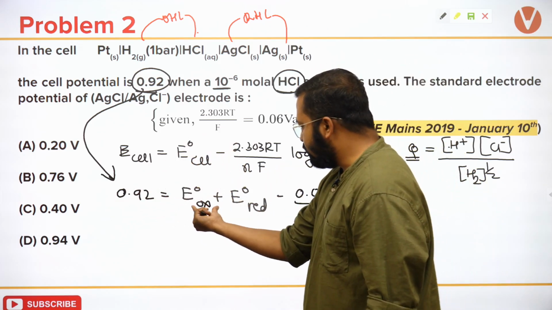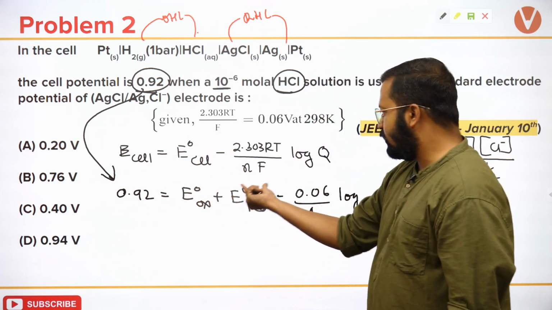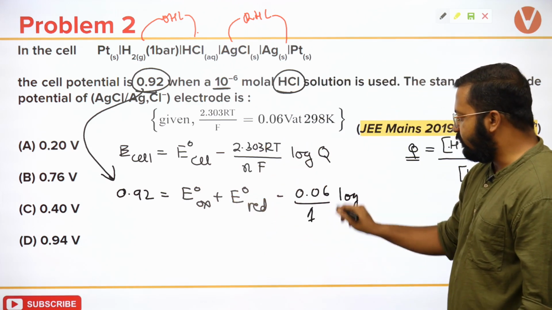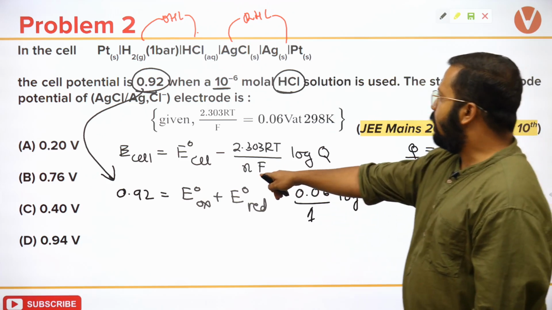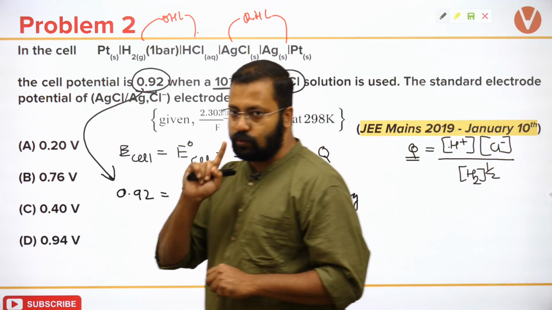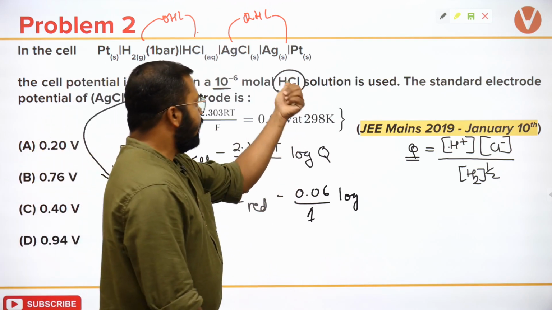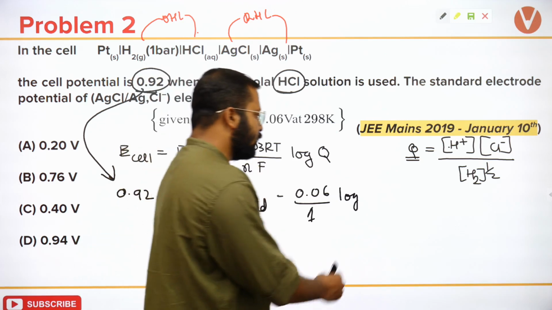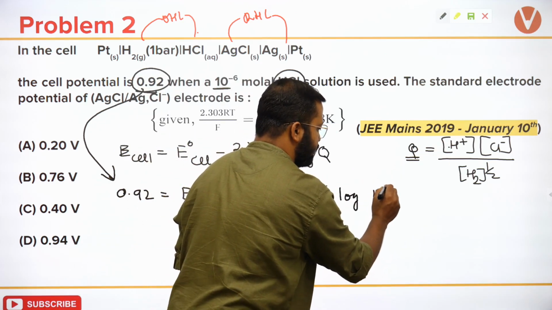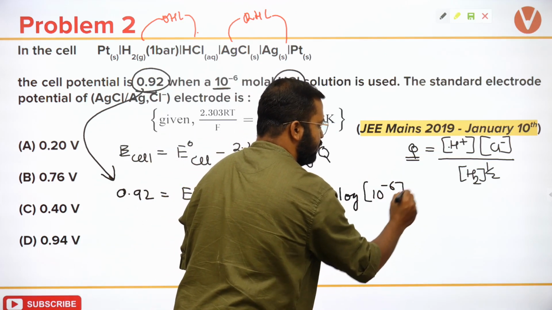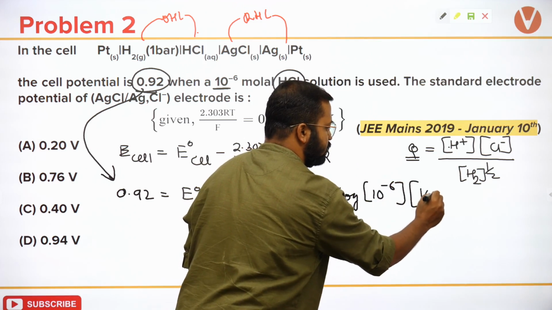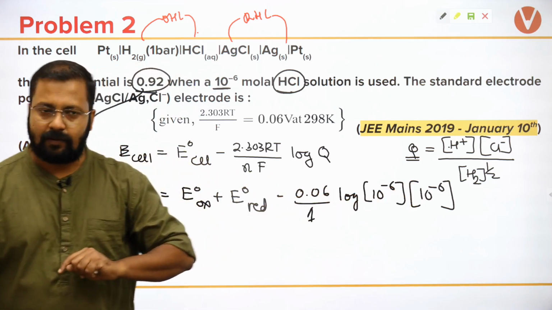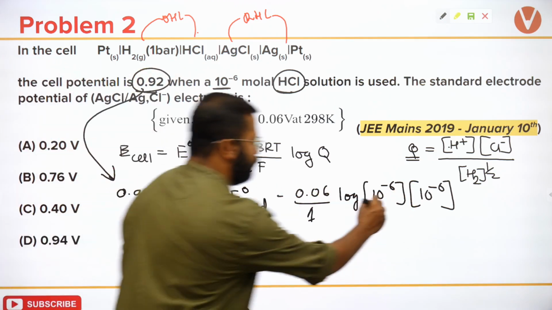E naught cell is given as E naught oxidation, E naught reduction. This 2.303 RT by F is given as 0.06. Number of electrons which were exchanged was 1. Log HCl solution का concentration 10 raised to minus 6 molar है. इसका मतलब H plus ion concentration is 10 raised to minus 6 and Cl minus ion concentration is 10 raised to minus 6. Pressure of hydrogen is 1 bar. Okay, it's given 1 bar. तो by 1 कर देते हैं यहाँ पे.